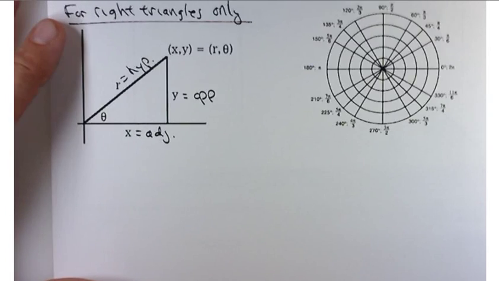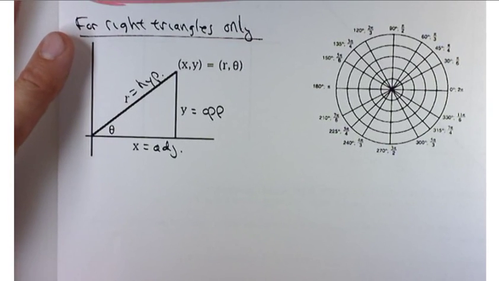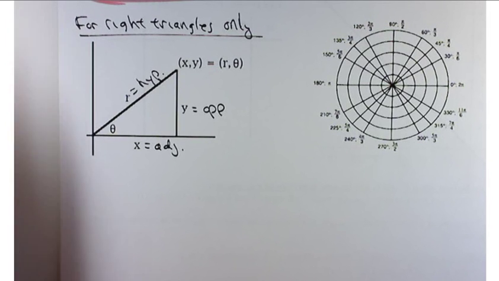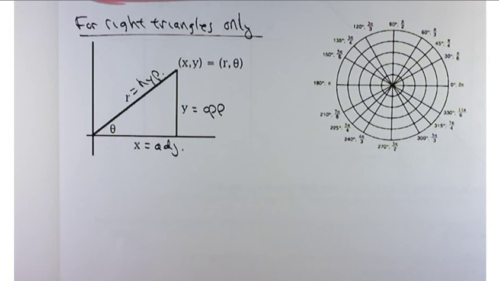It's really a Greek word that reflects some Egyptian origins. The Egyptians, when they used to build their pyramids and stuff like that, had a special kind of engineer. It's called a harpedonaptai. Basically, he was a rope stretcher, because they would stretch ropes, three knots on one side, 4 on the other side, and 5 on the other side. So you might recognize 3, 4, 5 as being a Pythagorean triple. 3 squared plus 4 squared equals 5 squared.